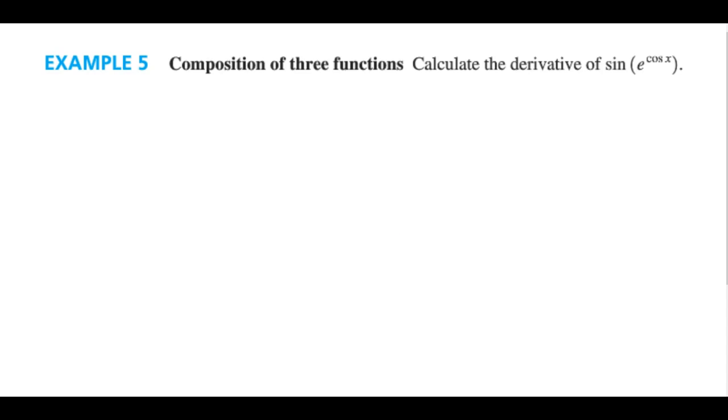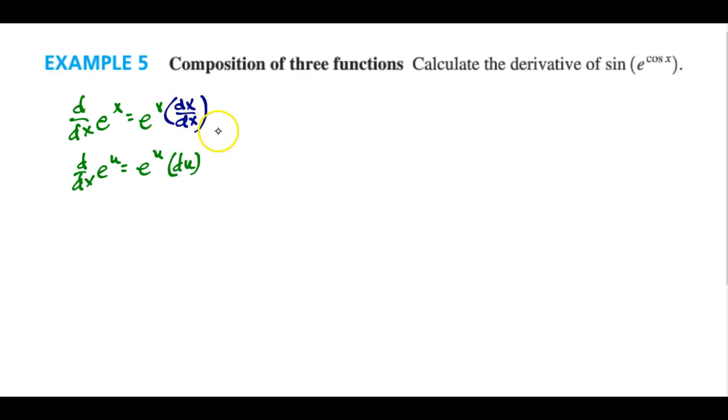This is kind of an interesting problem. We know that the derivative of e to the x is e to the x. And we also know that the derivative of e to the u is e to the u, but then we tag on a du. Well, actually what's happening here is there is a dx over here as well. We just don't ever write it because dx divided by dx is 1.